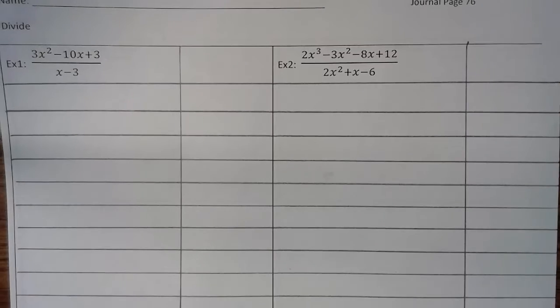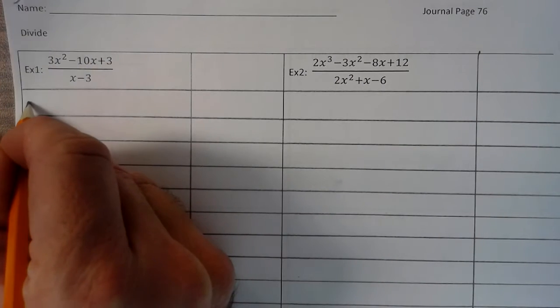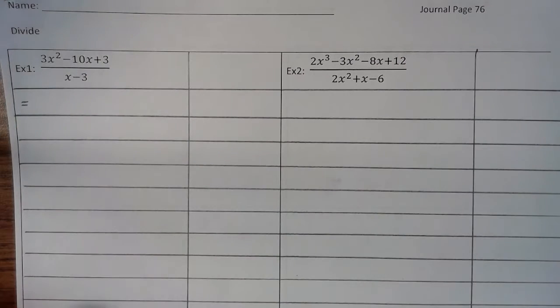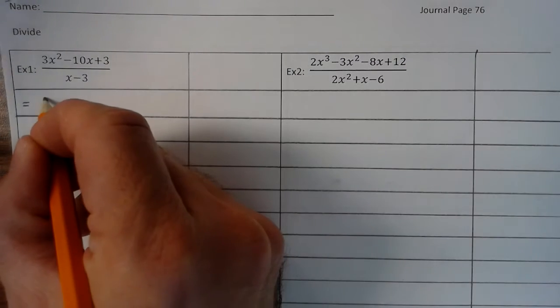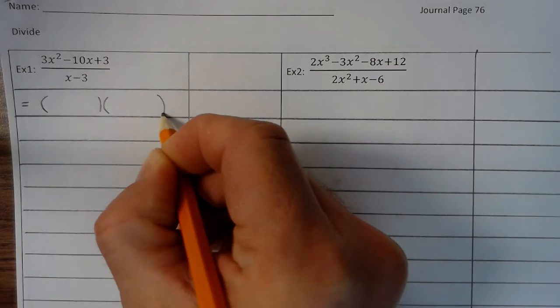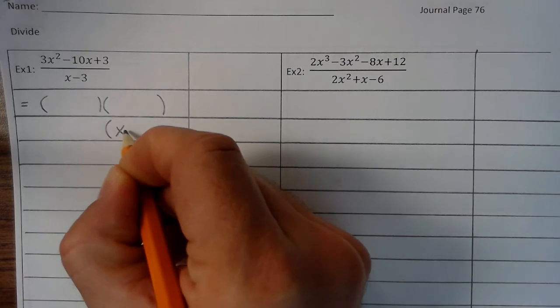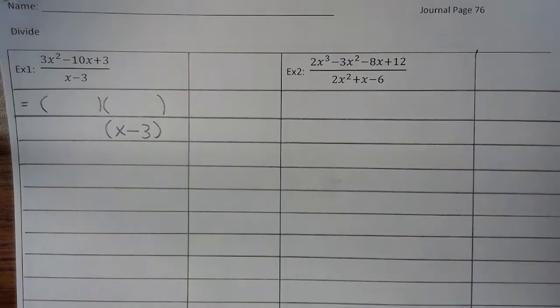All right, let's look at method 1, factoring. Okay, so in example 1, we have 3x squared minus 10x plus 3 divided by x minus 3. So what we're going to do is factor the numerator. Okay, now we note two parentheses, and then that's just divided by x minus 3.